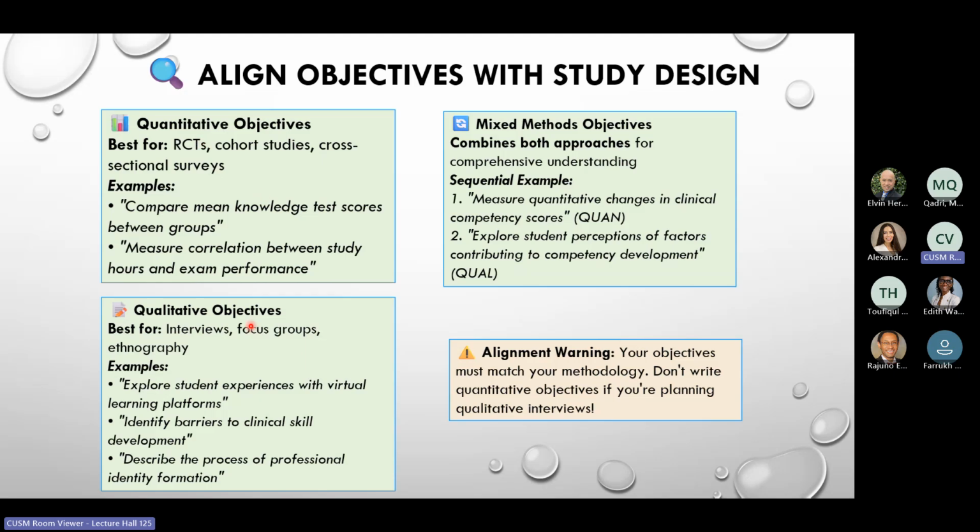Your objectives for qualitative methods, qualitative objectives should reflect your qualitative methodologies. And that goes along with mixed methods. The quantitative objectives should align with quantitative methodologies. Qualitative objectives should align with qualitative methodologies. They don't necessarily intersect or cross. Questions on that?